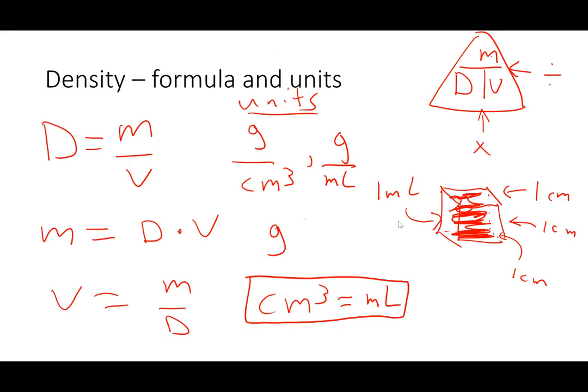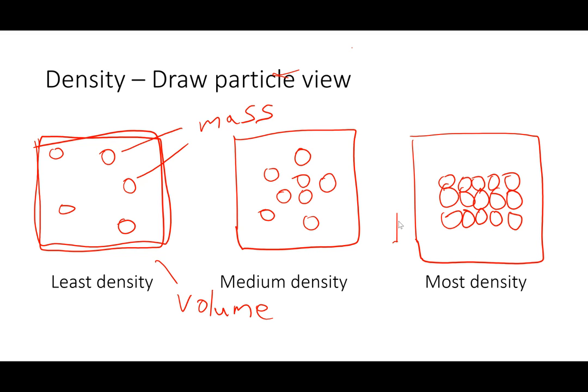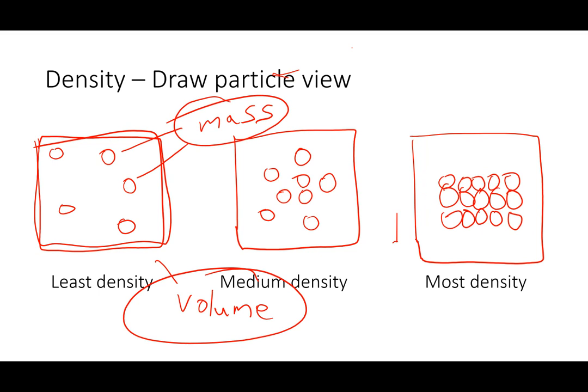Today, what we did was we learned about how density is determined by how closely packed a substance's particles are. The substance's particles represent its mass, and the amount of space they take up is represented by its volume.